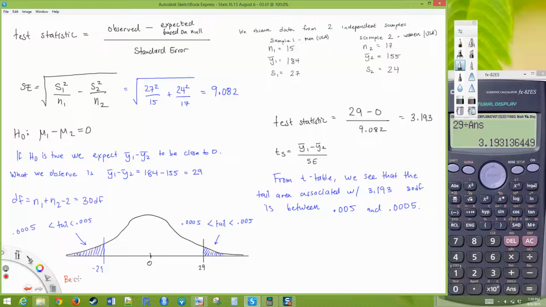Because the alternative has a not equal sign, we look at both the positive and negative tails.